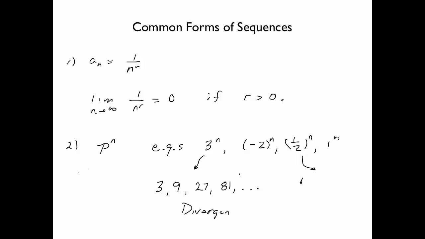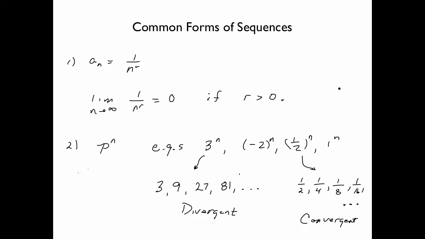1/2 to the n. 1/2, 1/4, 1/8, 1/16. That will converge to 0. So this gives us a clue as to what the base needs to be for these sequences to converge.